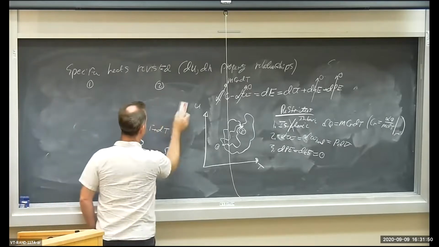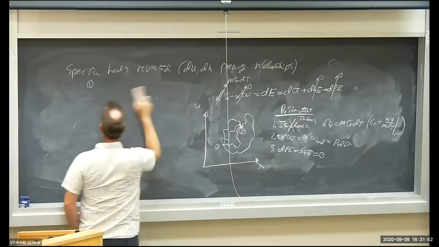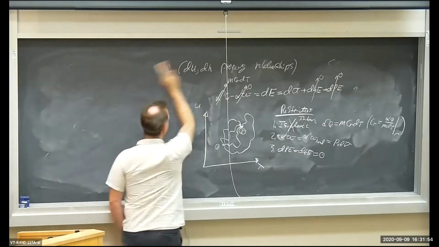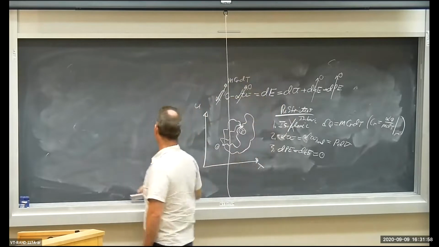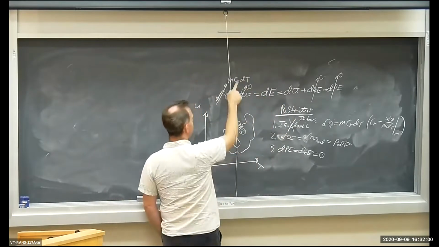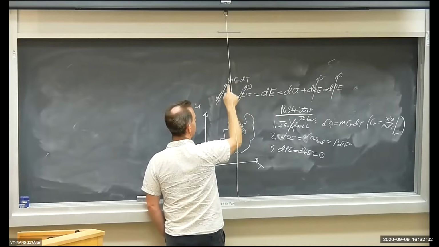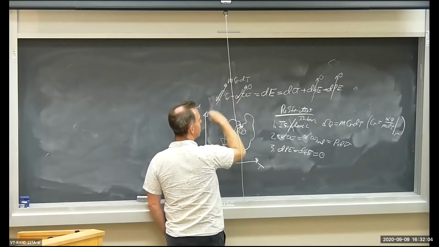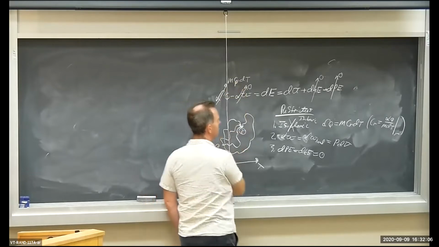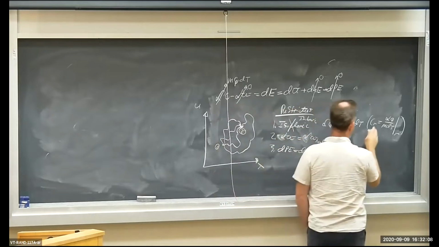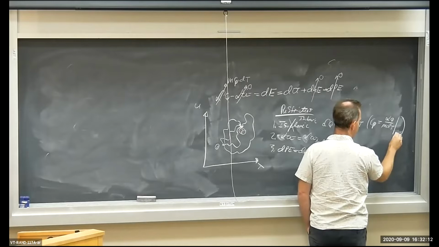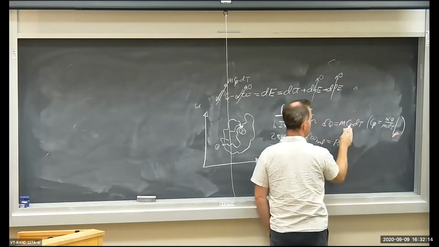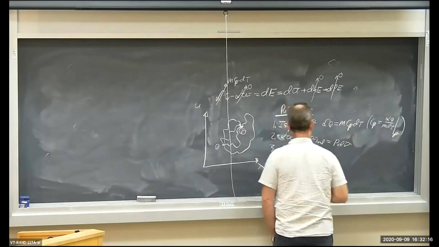If I just change the path of integration and make it an isobaric process, I get a dH property relationship. By the way, if it's an isobaric process, then del Q is mCp dT, for a constant pressure process. Okay?